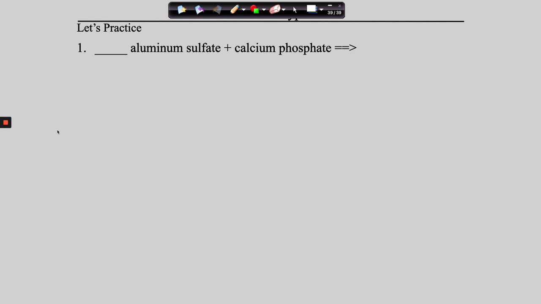Guys, the same thing is true here. So number 3 is decomposition. I need to tell you that the products are table salt and oxygen. I would encourage you to write that down. There's no way for you to know except for me to tell you.